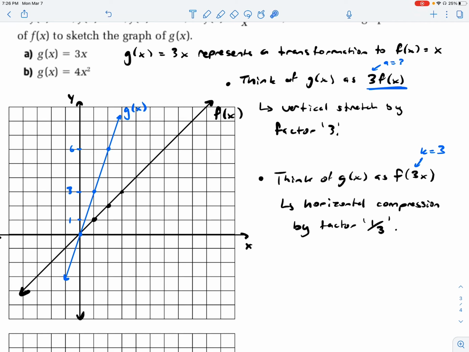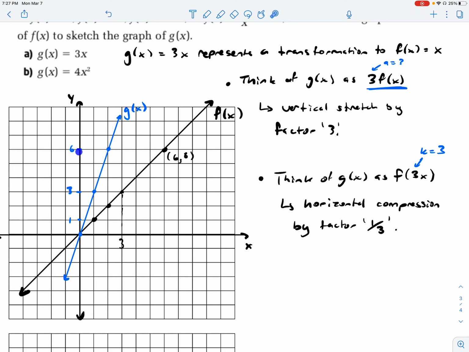So if we have a horizontal compression of 1 over 3, we need to take the x values and multiply them by a third. So when you're at 3 and you multiply it by a third, it's going to bring you to 1. So that's the scale factor there. Likewise, if you're over here at 6, this is the point, it looks like it's at 6, 6.